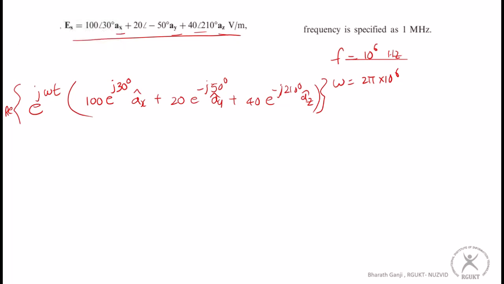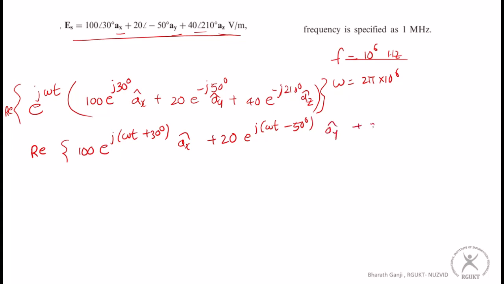So what happens if you take the real part of it? First of all, let me rewrite this expression: it becomes 100 e power j omega t plus 30 degrees into x cap, and this becomes 20 e power j omega t minus 50 degrees y cap, plus 40 e power j omega t minus 210 degrees z cap.